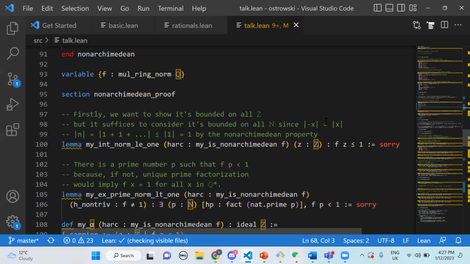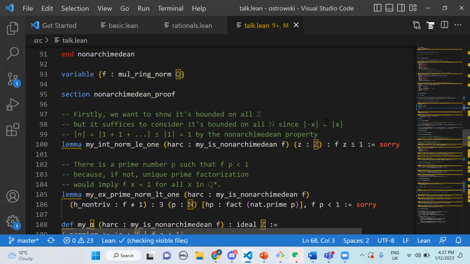Let's go through the non-Archimedean case first. The result is that if your norm is non-Archimedean, then it is equivalent to the p-adic one. So there exists some prime number p such that your absolute value is equivalent to the p-adic absolute value. The first thing I'm going to show is that if your norm is non-Archimedean, then it is bounded on integers.